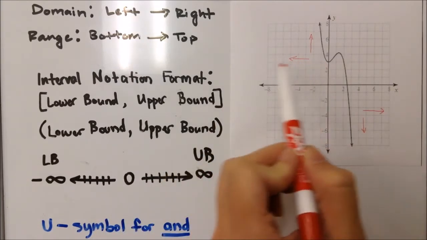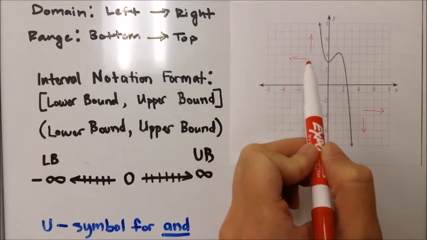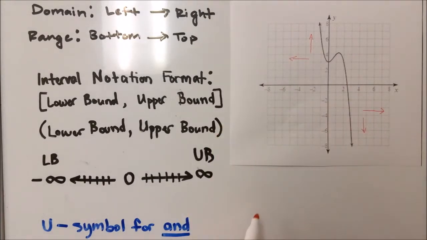So we know that it's going towards the left forever or continuously, so we're going to use negative infinity for continuous. Now since we know that it's going to go towards it but never reach negative infinity, we're going to use parenthesis, not bracket, parenthesis.